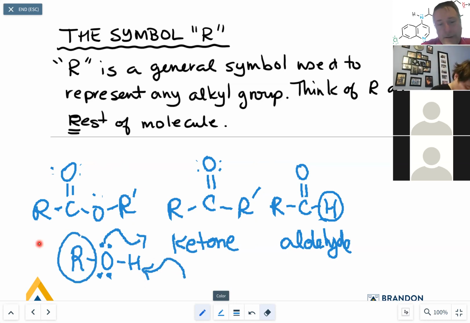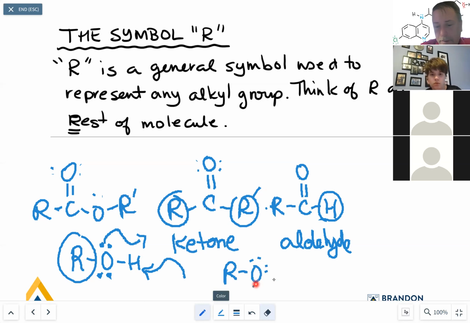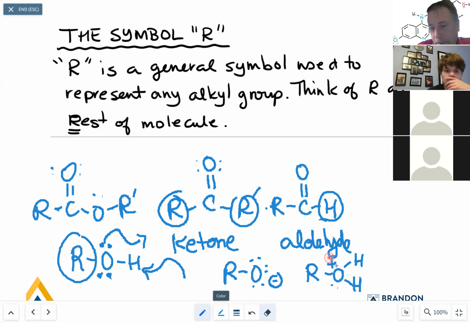So there should be no reaction taking place on whatever the R group happens to be. Those components should be the inert components to what's going on. So if the proton was being removed here, you would make R with, say, a negative charge. And if this was attacking something like a proton, then you would be making that.